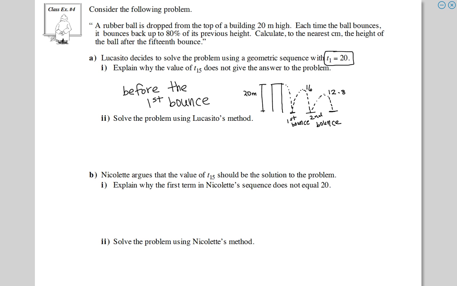Now, Nicolette here, down in part B, she argues some other thing and says that she doesn't want the first term to be 20. She wants the first term to be 16. That's what Nicolette wants. So there's some confusion about, okay, is 20 the first term or is 16 the first term? The reason she wants that is it's after the first bounce.